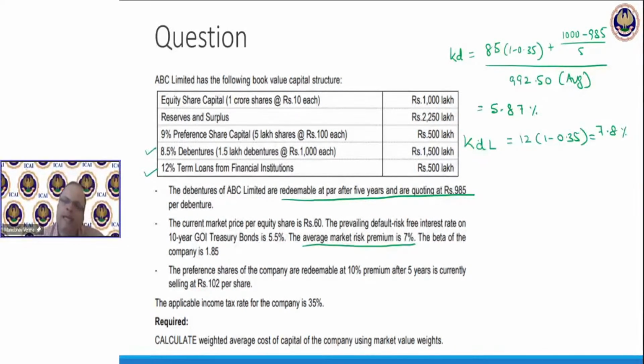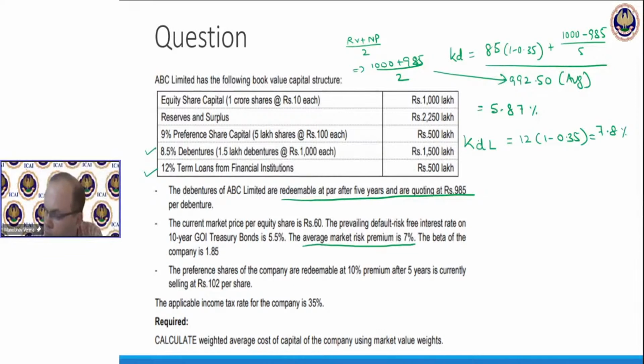Varsha says, how did I get 992.5? Varsha, in the denominator, we have redemption value plus net proceeds upon 2. I just explained that. Hence, 1000 plus 985 upon 2. That's how I arrived at 992.5. So I think the cost of debt is clear to all of you. The cost of long-term loan also is clear.